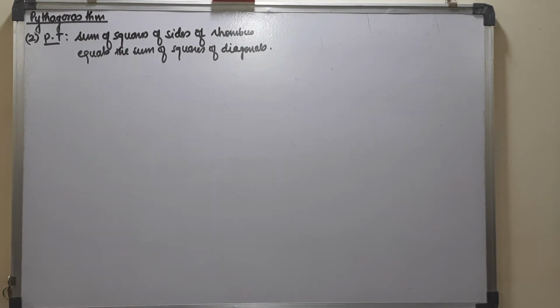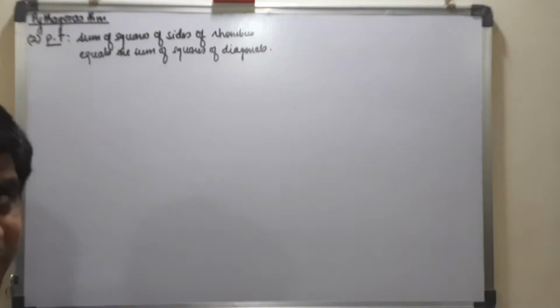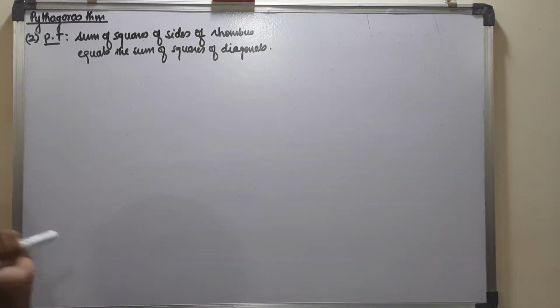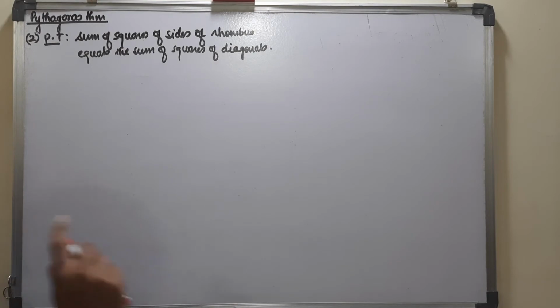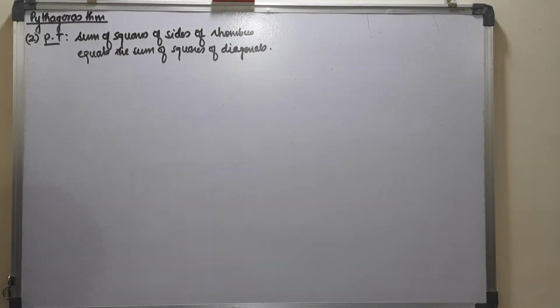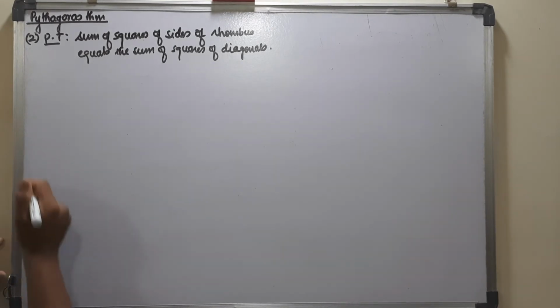Now, coming to the question that I have written on the board already, you have to prove that sum of the squares of sides of rhombus equals the sum of squares of diagonals. Okay, so to understand it better, I will first draw the figure.